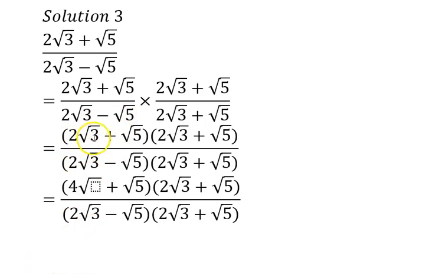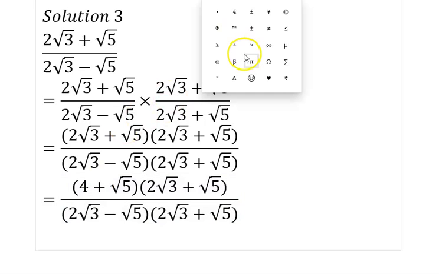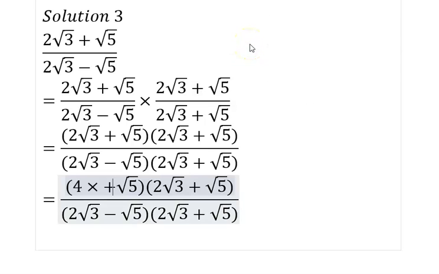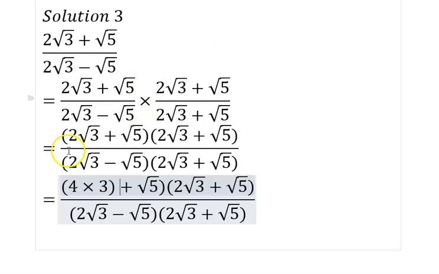So this root 3 times root 3 will definitely give us 3, so that we can have 4 times 3 here. Beautiful. That means we'll be able to sort out this first one: 2 times 2 is 4, root 3 times root 3 will give us 3. Now, that is for the first one.